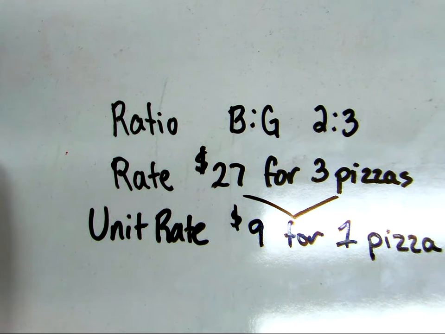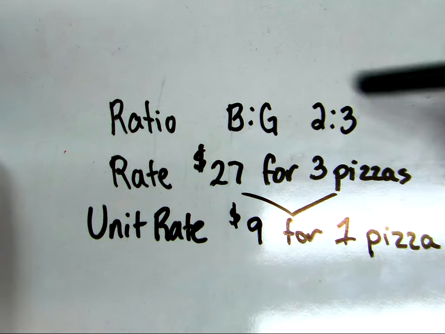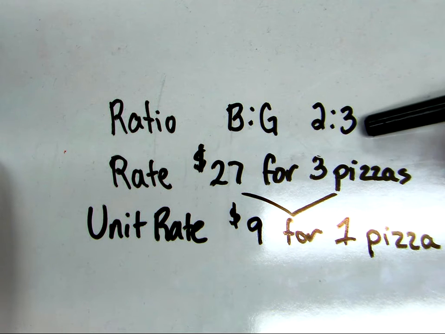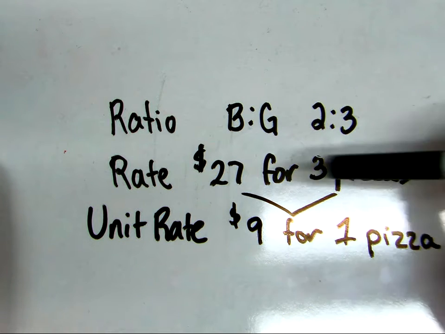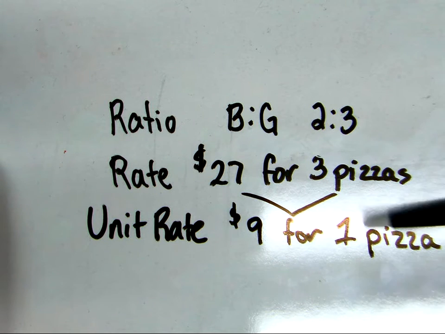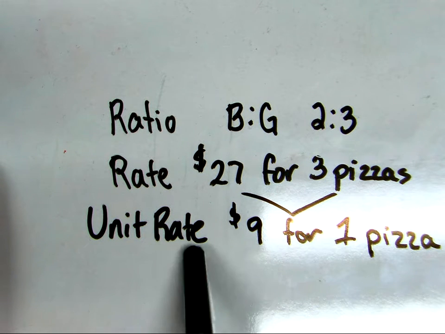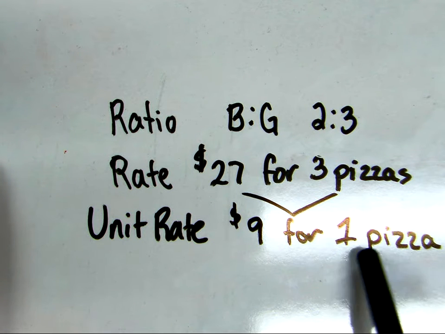Okay, so with ratios, we're just comparing two numbers. You don't always add labels on it. A rate, however, we are comparing two quantities that have different units: dollars and pizzas, miles and hours, liters per second. Okay, those are all different units. The unit rate is going to be the rate for 1 of a unit.